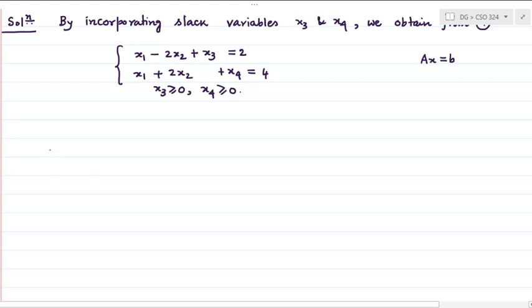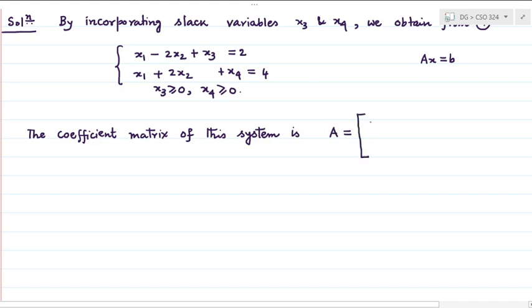So here the coefficient matrix of this system is the matrix A, which is a 2 by 4 matrix.